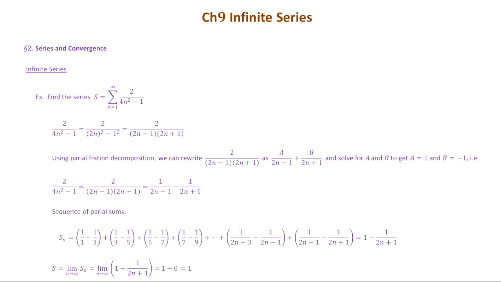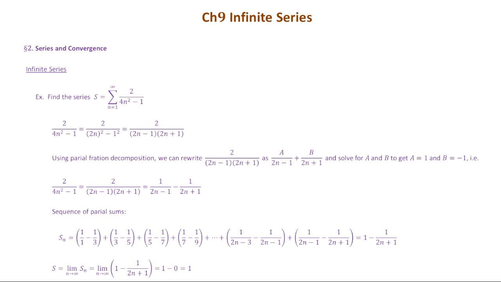Namely, you can have a term of A over 2n minus 1, and another term of B over 2n plus 1. And then A and B are just some numbers that you need to figure out from the original expression 2 over (2n minus 1)(2n plus 1). You can easily solve for A and B, and you get A equal to 1, B equal to negative 1. All right.